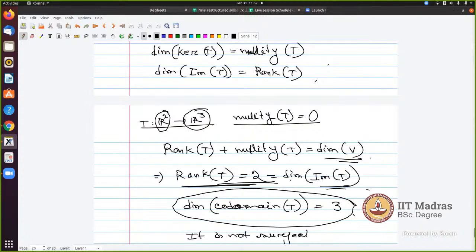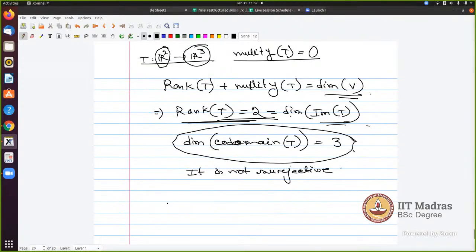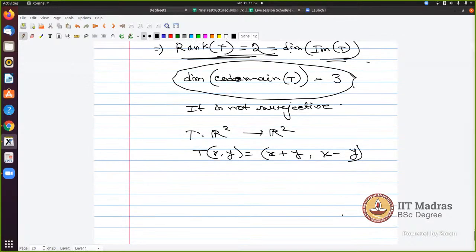There's another concept: some functions are isomorphic. Can you explain one example where it's isomorphic? Isomorphic means it is both surjective and injective. So suppose T from R2 to R2 I am taking. Now tell me, what is the kernel of T?